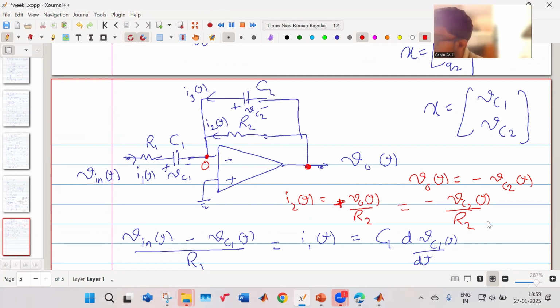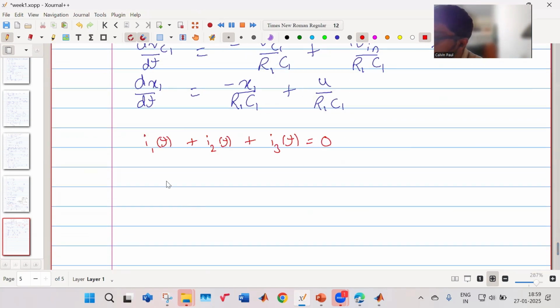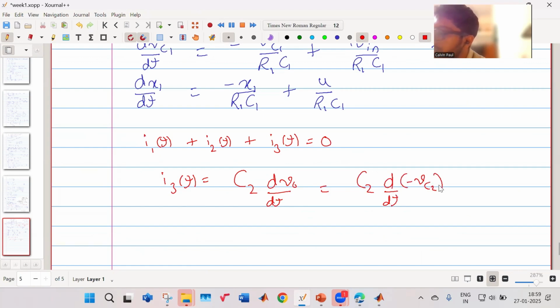And what is I3 of t? I3 of t is C2 into dV0 by dt, which is C2 into d by dt of minus Vc2. So I3 of t is equal to minus C2 dVc2 upon dt.